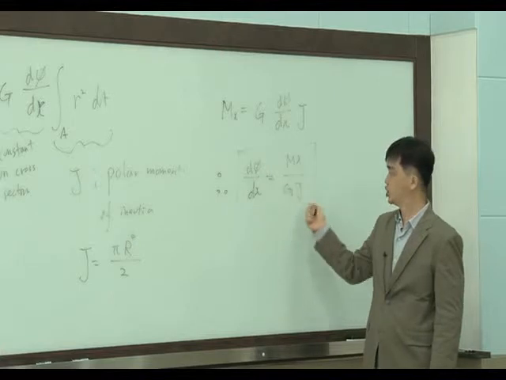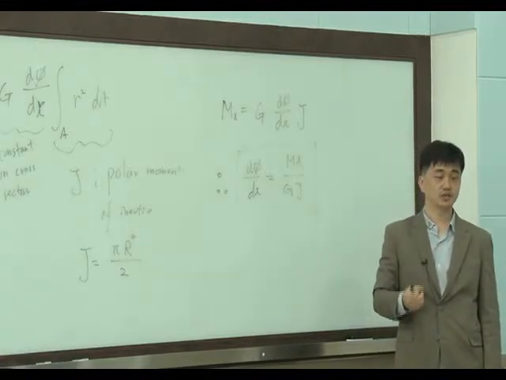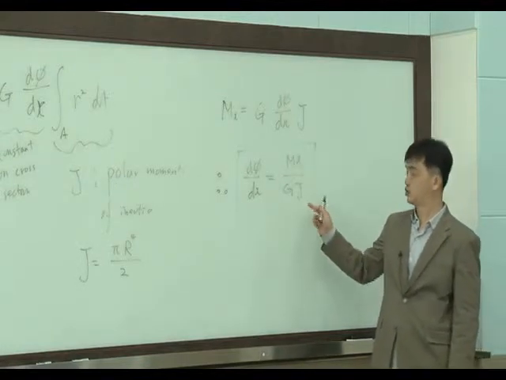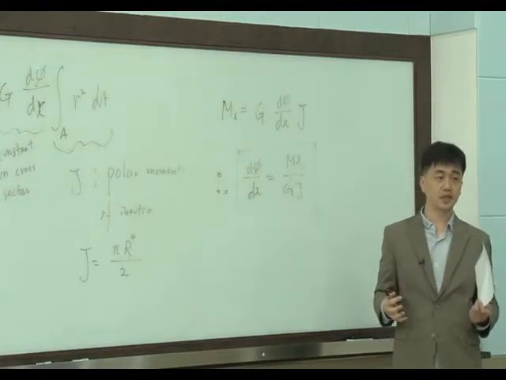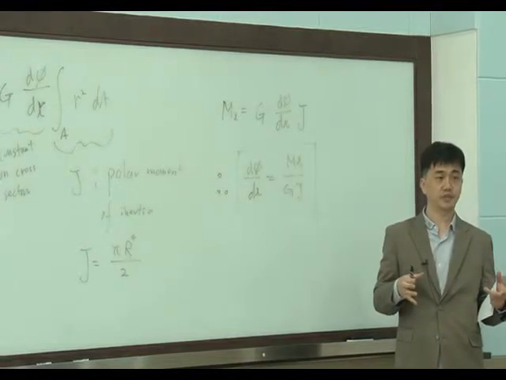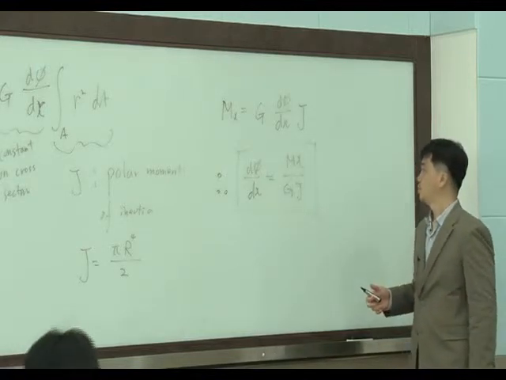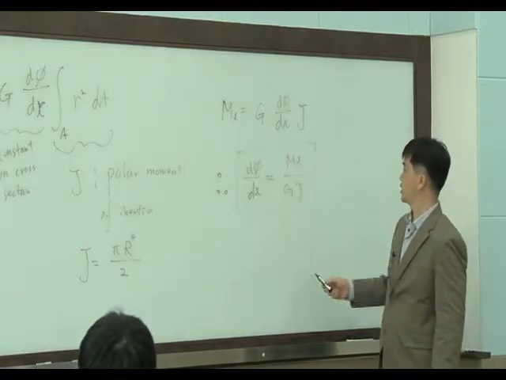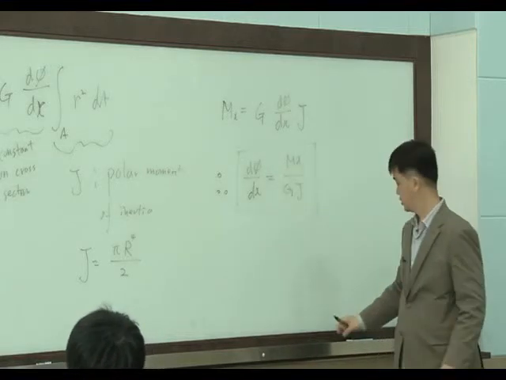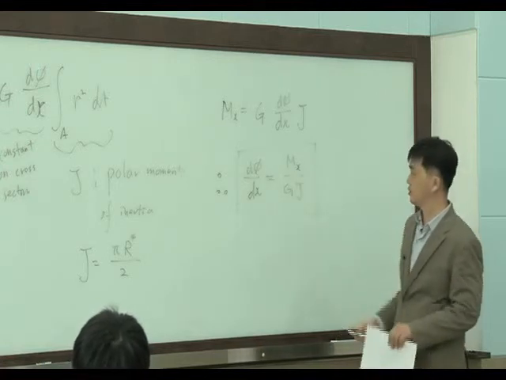So GJ will be some resistance factor for the twisting. If J, the value, is big, the member can resist more than the smaller case of J. And Mx is a twisting moment.